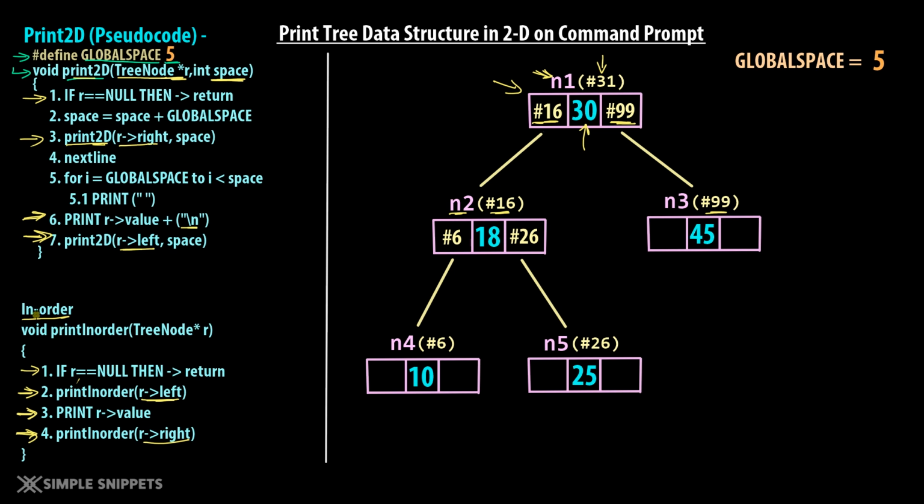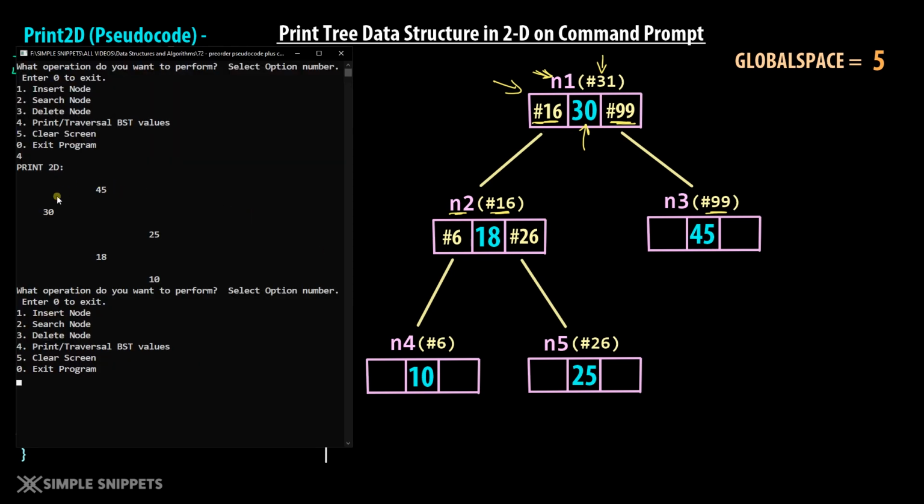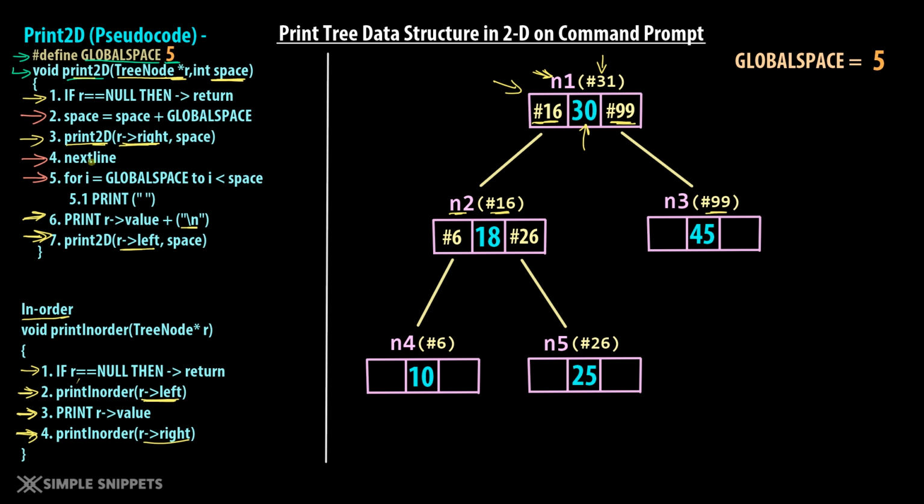So the only difference is that in print2D we traverse the right side first, and in print inorder we traverse the left side first. All the other steps, that is steps 2, 4 and 5, are related to the spacing required onto the command prompt. They are doing nothing but creating these spaces, and you'll understand when we dry run this code.